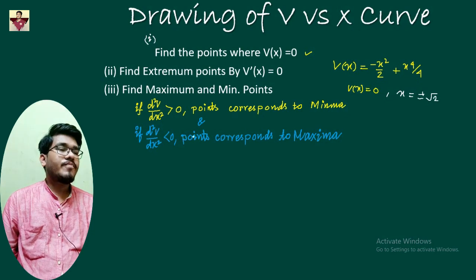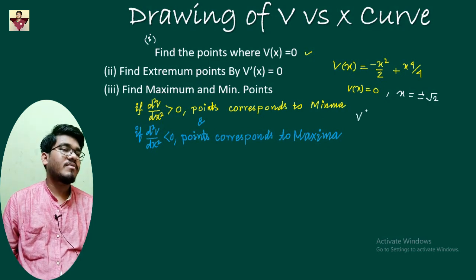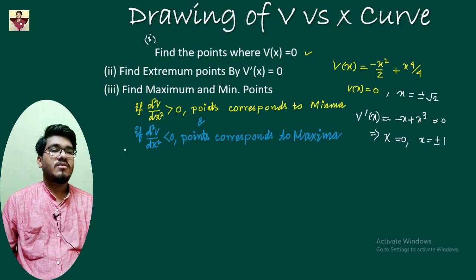Then you need to take the first derivative of V(x) to get the extremum points, that is the maximum or minimum of the curve. Your V dash x will be minus x plus x cube, and if you equate this to 0, you will find that the extremum points are at x equal to 0 or x equal to plus or minus 1.